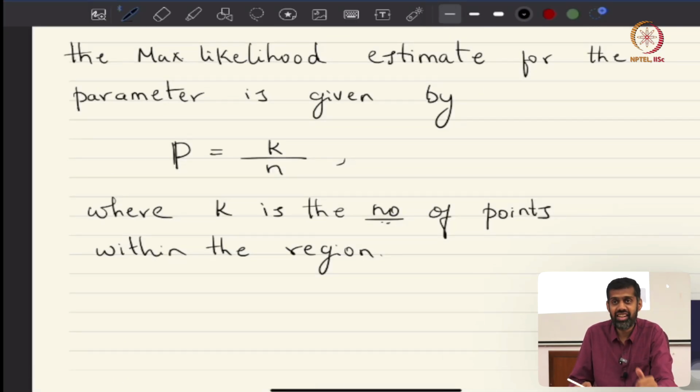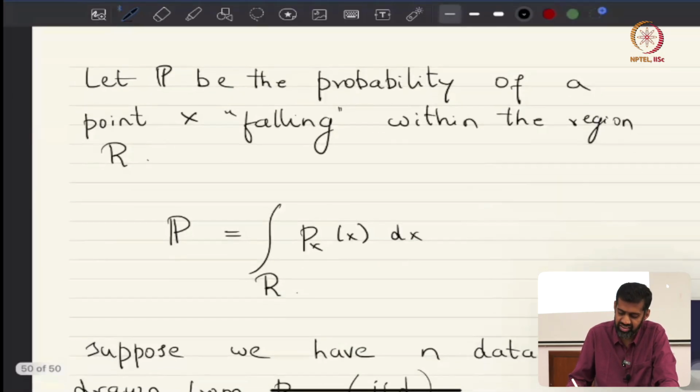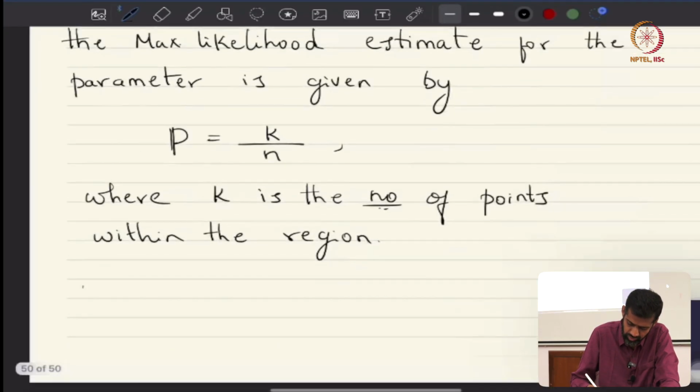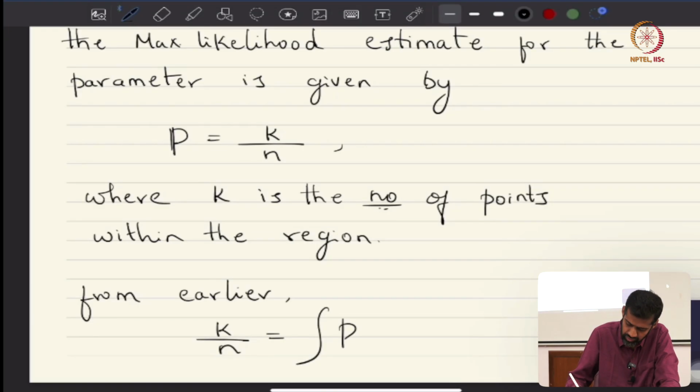From our earlier analysis, we also know that this is equal to the integral of the density function over that region.